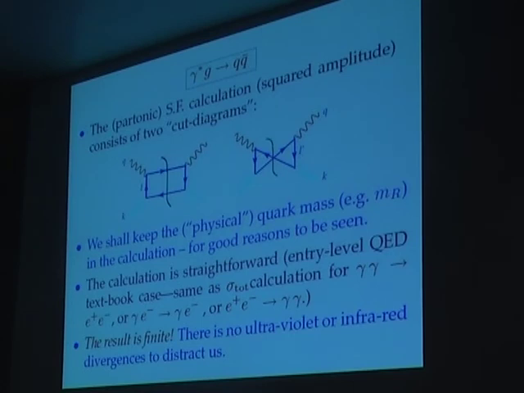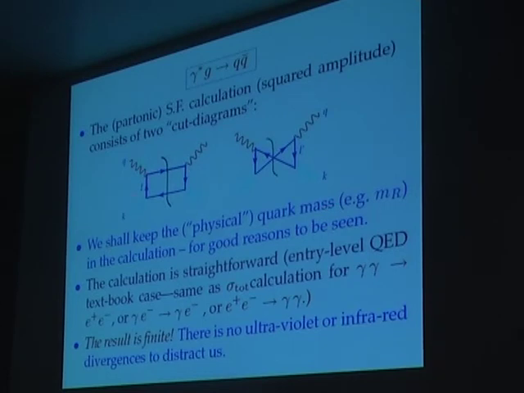So what's the calculation? You square that amplitude. That means you calculate this forward Compton amplitude with these two particle exchange. So these are the two terms you need. For this calculation, I will keep the quark mass non-zero.